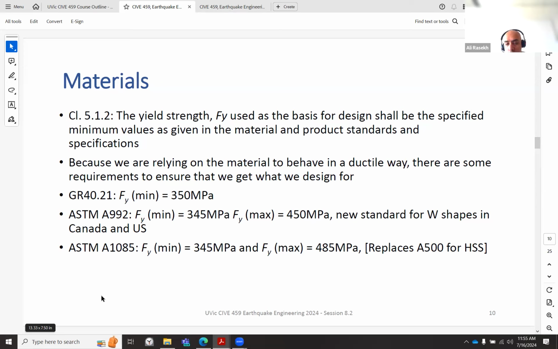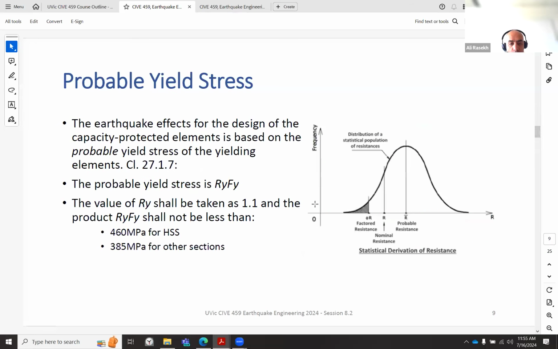Replace with A500 for HSS. So basically, we have all these standards, and we know that we should increase the Fy by 10% and also see these minimums for the product of Ry multiplied by Fy.